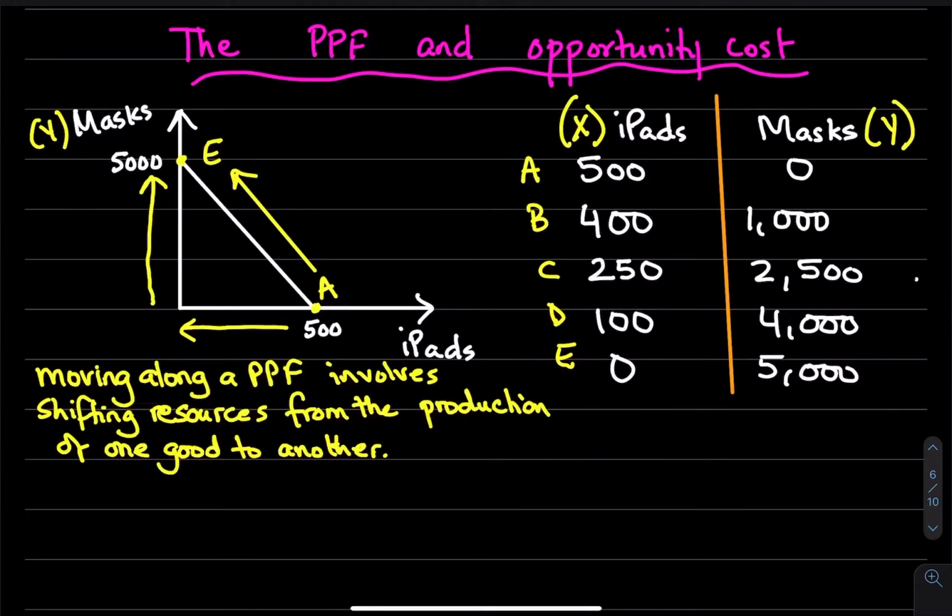Okay, and so what we are seeing here is that we are facing a trade-off between iPad production and mask production. So getting more of masks requires us to give up some numbers of iPads.